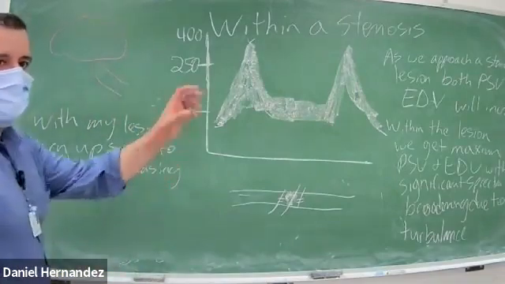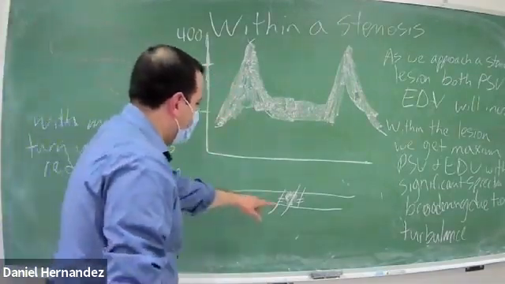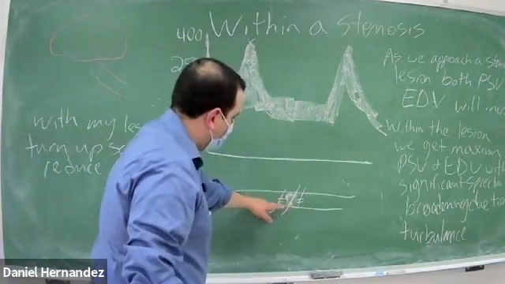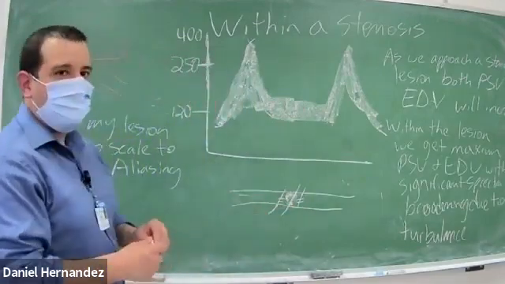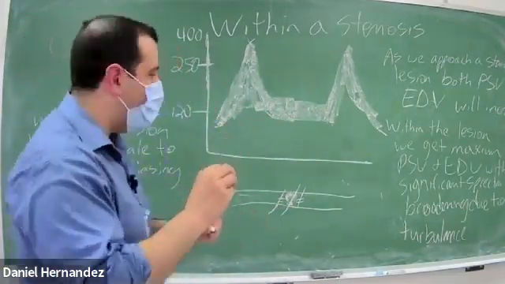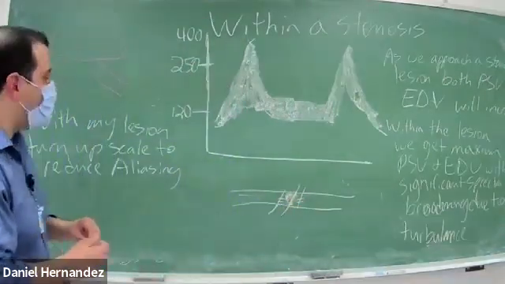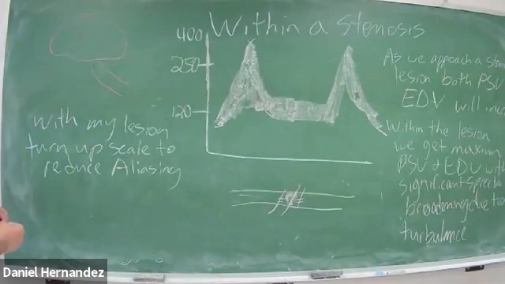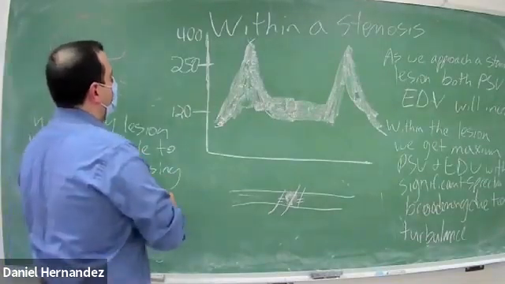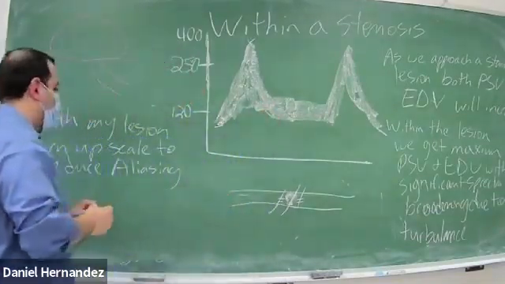By turning that scale up, we can reduce some of that aliasing within that lesion, and we can sometimes focus on the highest velocity jet and put our sample gate on it through that stenotic lesion, so we can really get our maximum velocities.